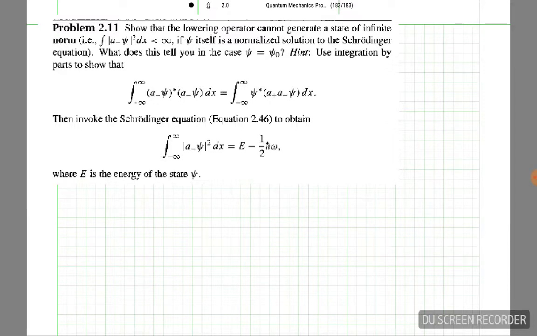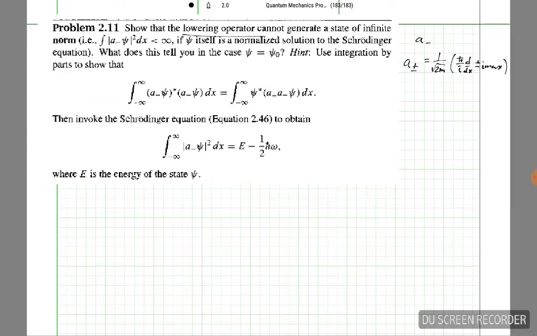So the goal here is to show that the lowering operator, that's A minus, and just as a reminder, we have A plus, A minus, those equal 1 over square root 2m, h bar over i d/dx, plus or minus, depending on if it's the raising or the lowering operator, and then we'll have i m omega x.